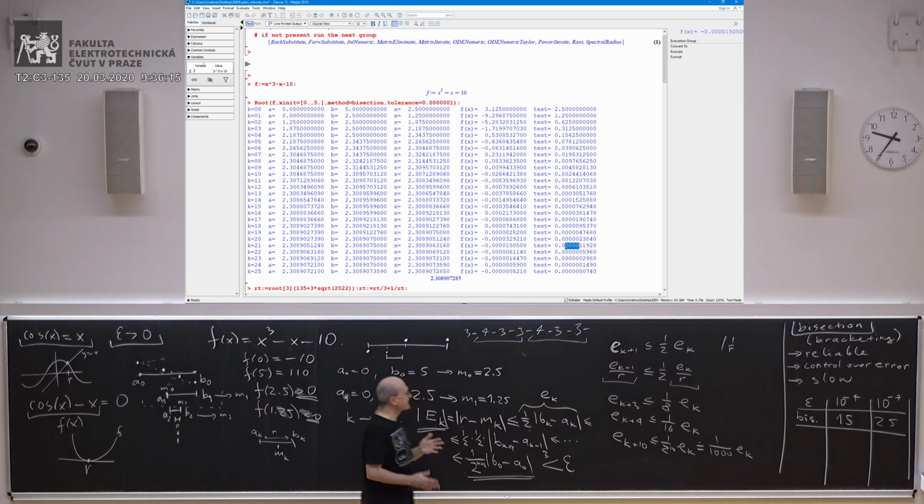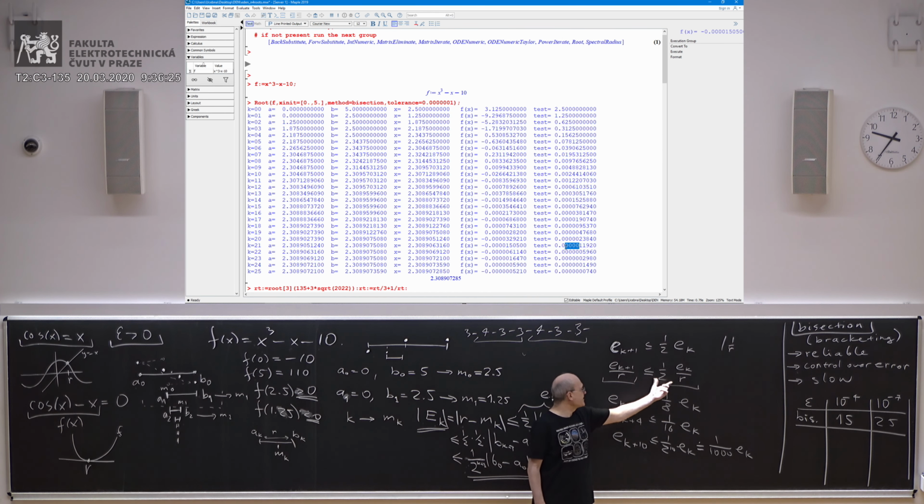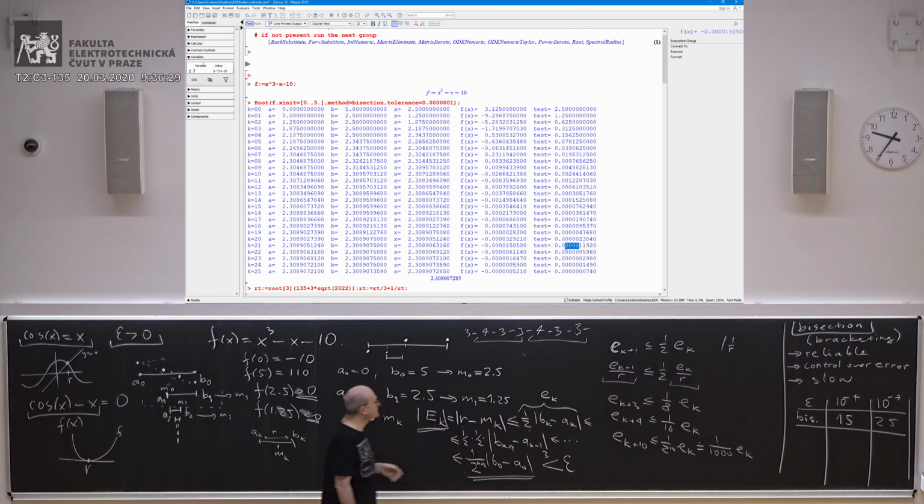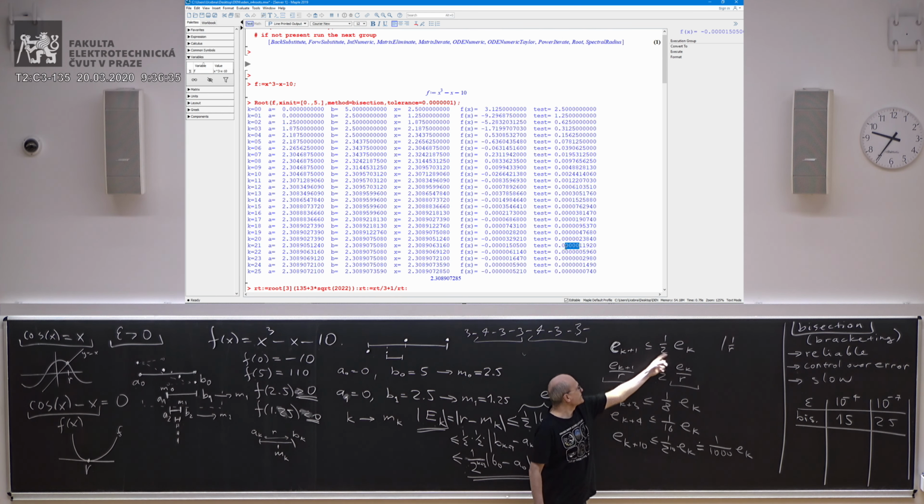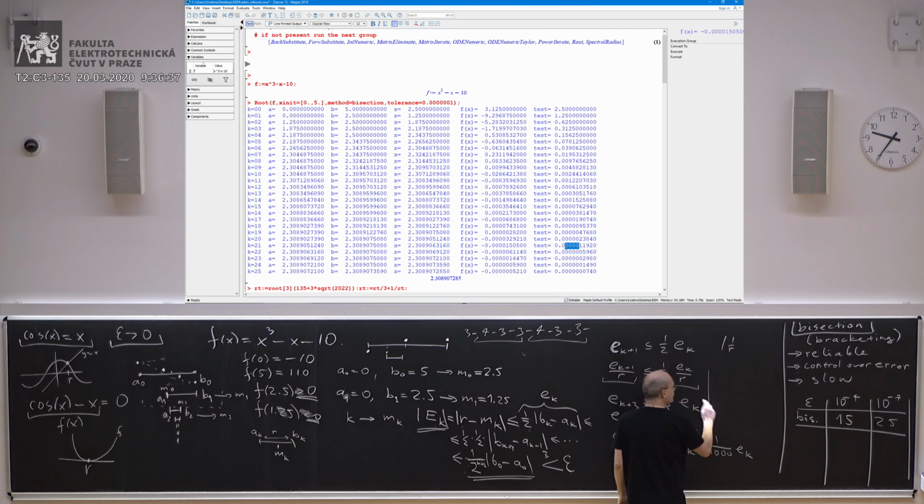But before we go there, let me just make one little stop. We were not able to analyze the error itself, but we found an upper bound, and we analyzed the behavior of the upper bound. That's a very typical situation in numerical analysis. And in this case, the upper bound behaves in a very nice manner. At each step, it gets halved.